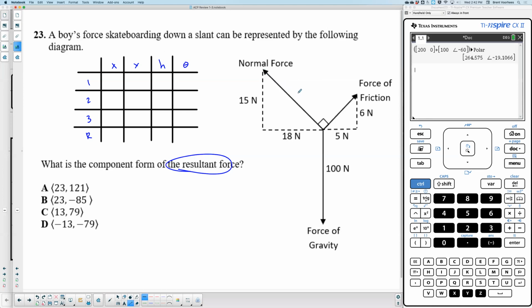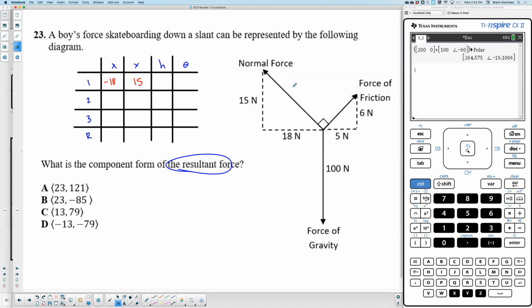Does it give you the value for H? No, but you know what it did give us? The X and the Y. Here's the only problem. It says the X is 18. If you put an 18 there, you will not get the right answer. It's a negative 18. Why is it a negative 18? It's going to the left. What would that make the 15? Positive or negative? Positive, and for Y's, that's a positive.